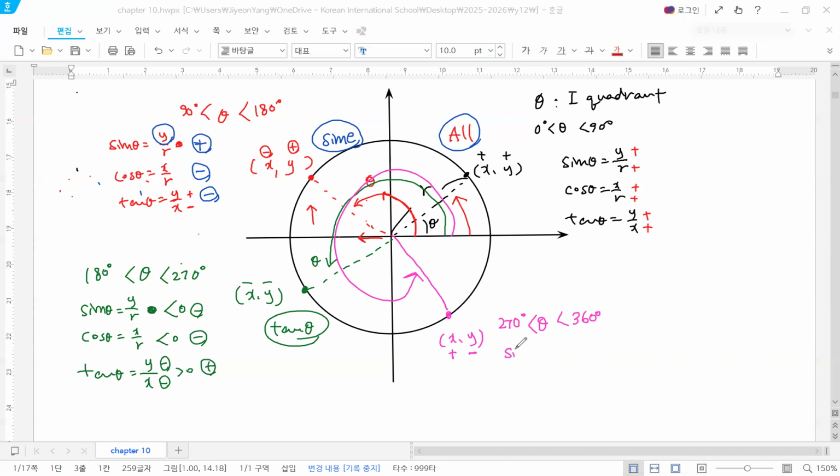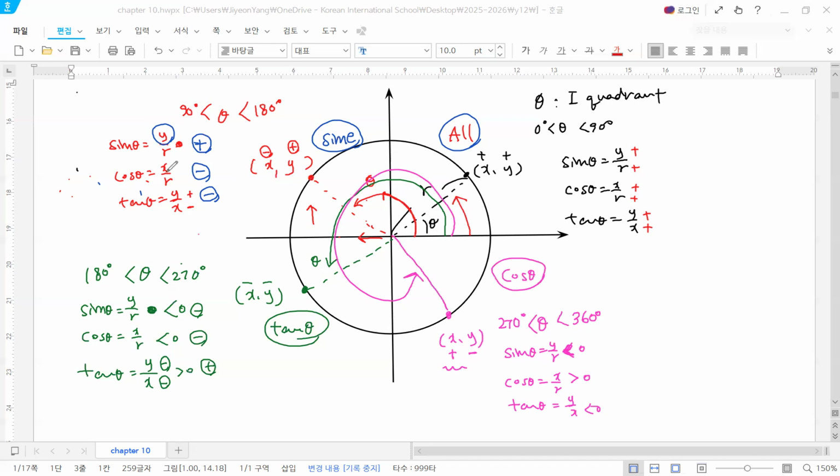And then sine theta, y over r, y is negative, so it should be negative. Cosine theta, x over r, since x is positive here, its value should be positive. Tangent theta equals y over x, which is negative. Therefore, cosine theta is the only one which is positive.